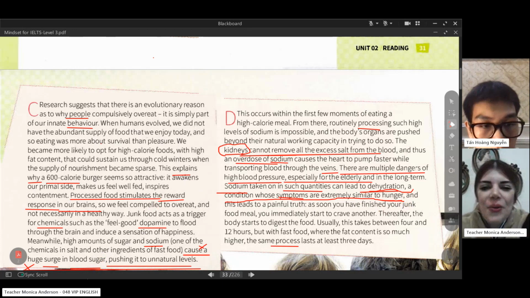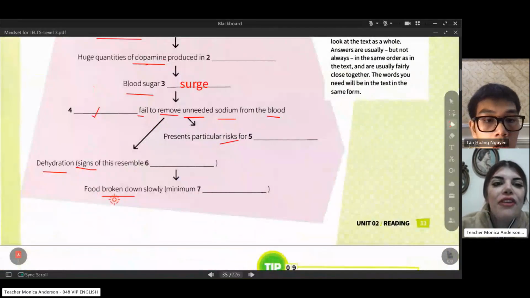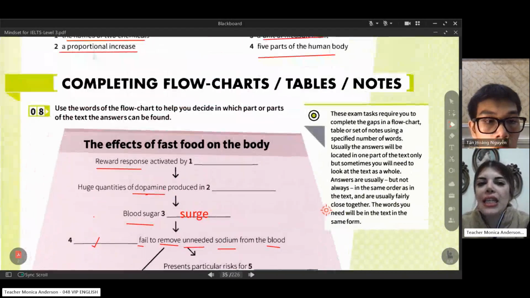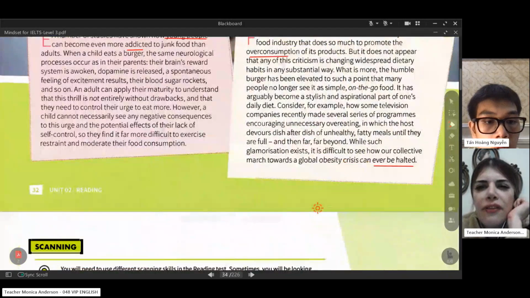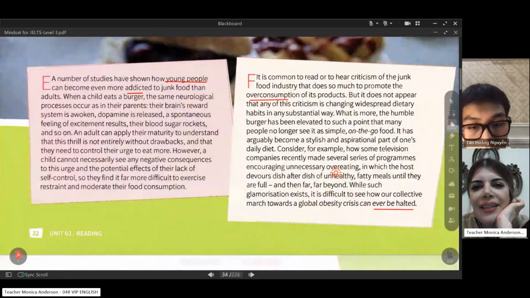Well, and the last one, food broken down slowly. Okay, slowly. Food broken down slowly.